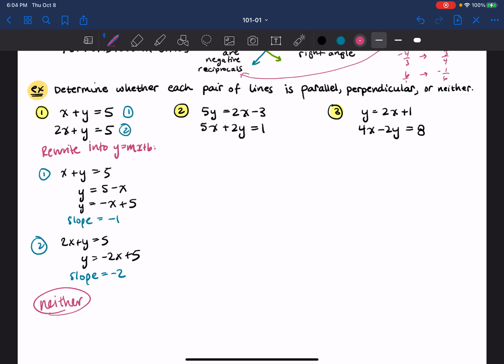All right, let's try this next one over here. Again, we're going to want to rewrite each of these, so let's look at each one separately. We've got 5y equals 2x minus 3. We want to solve this for y, so we're going to divide by 5 on both sides, or divide everything by 5.